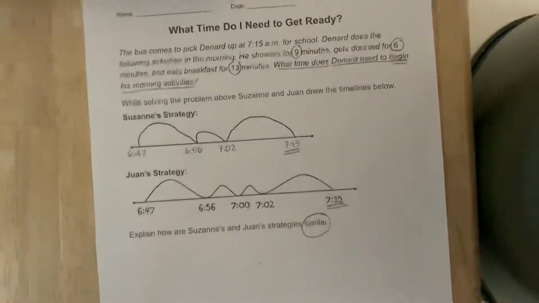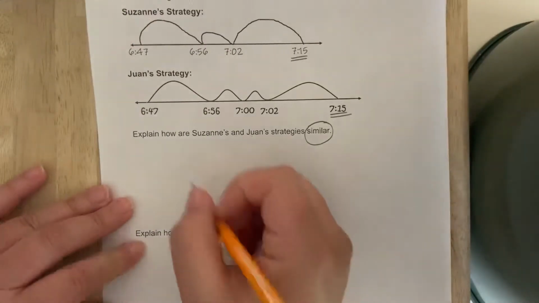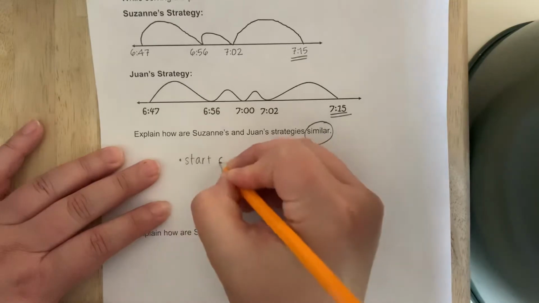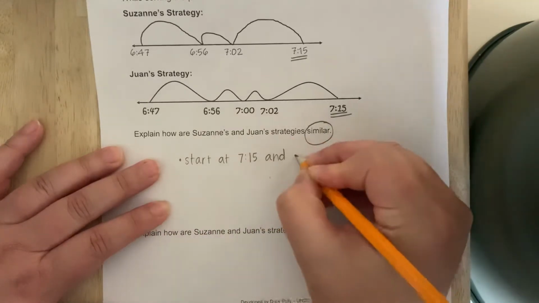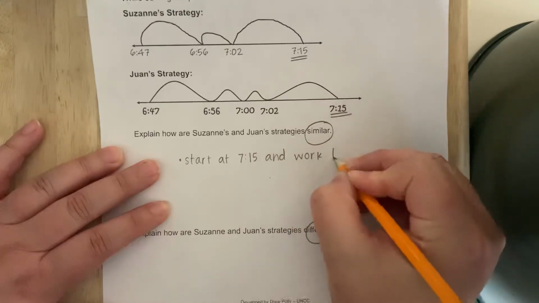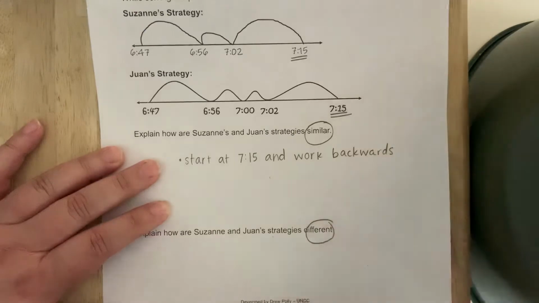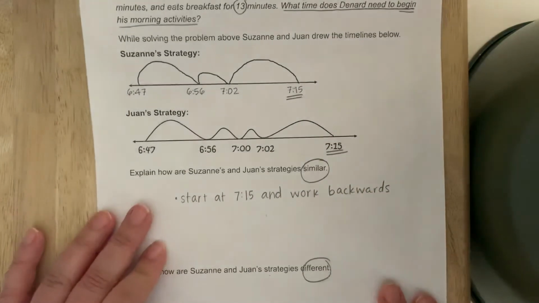So that is something that they have that's similar. So underneath here, I'm going to write start at 7:15 and work backwards. Because we know that they both did that. We can tell on their timeline.